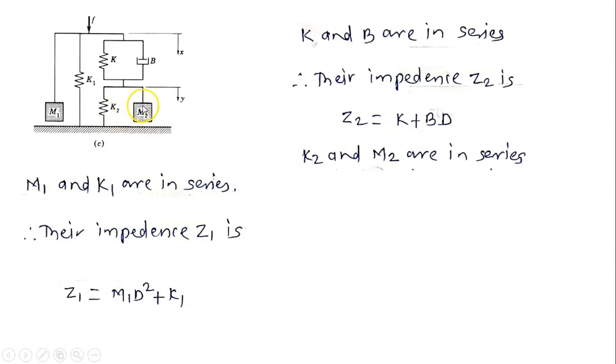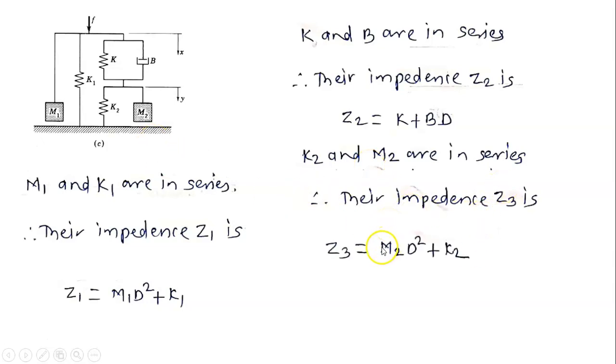Similarly, K2 and M2 are also in series. Therefore, their impedance Z3 is equal to M2D square plus K2. Now we will replace these diagrams by three springs, that is Z1, Z2 and Z3, in the next diagram.